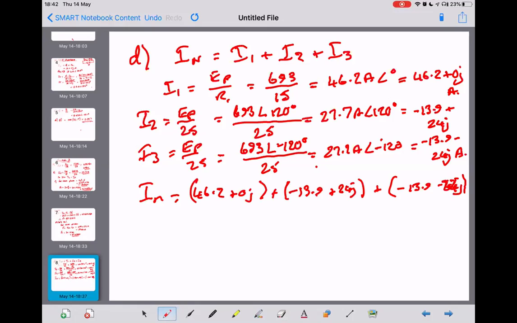And I got 18.46 plus 0J amps. And then I converted that to polar, which is, again, 18.46 at an angle of 0.